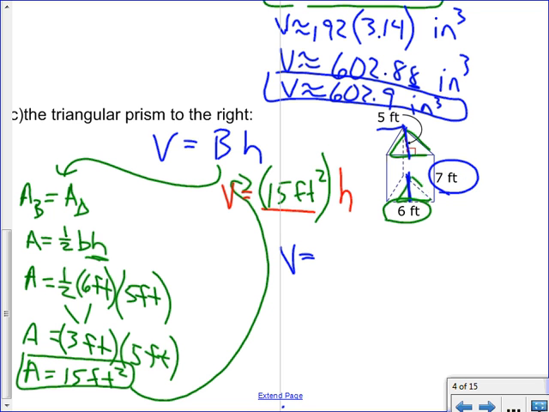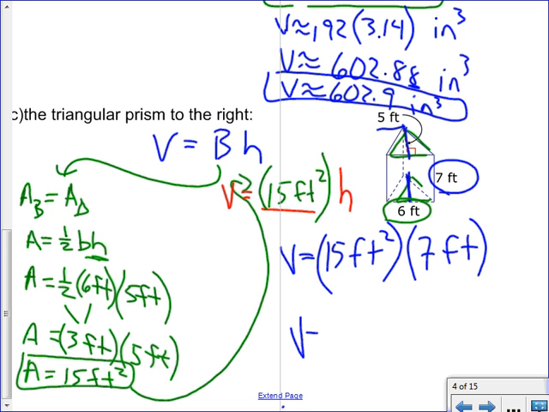You can also remember that's the only number we haven't used yet. So volume is equal to 15 feet squared times your height, which is 7 feet. Okay? 15 times 7 is most of the time 105. Feet squared times feet is feet cubed.